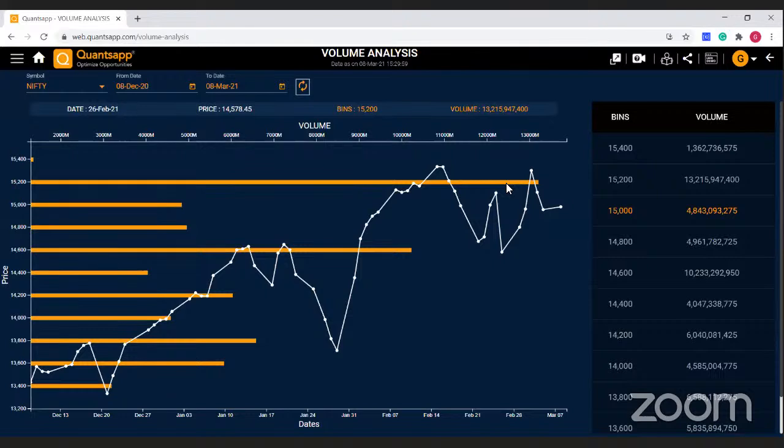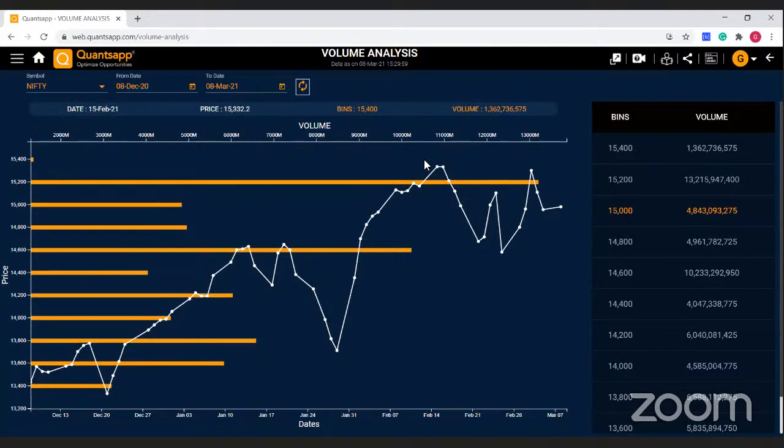So as of now, I can say this is acting as a strong resistance level for the Nifty. We have seen for almost the last 1 month since February, Nifty is trading at the level of 15,000, even falling down to below 14,600, the future price. This level stands as a strong resistance. And how do I get to know?